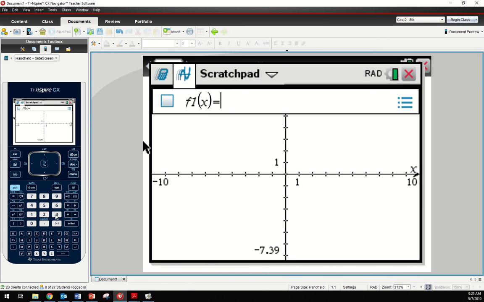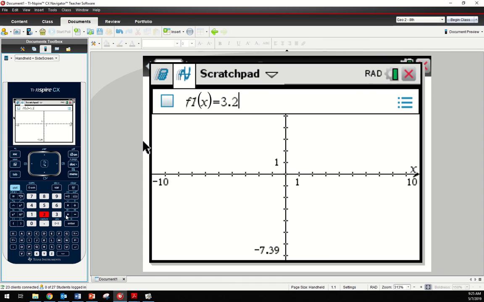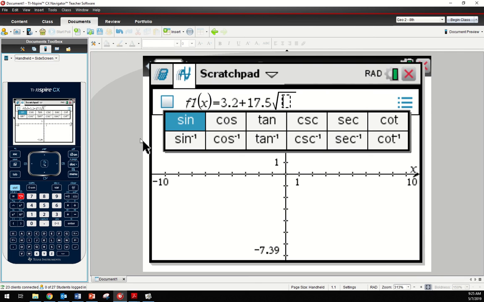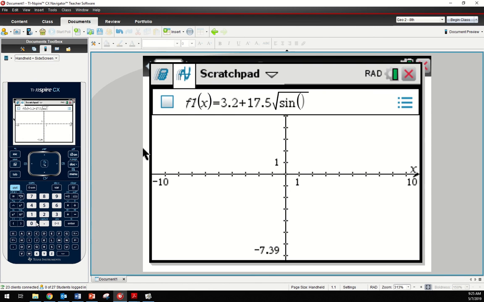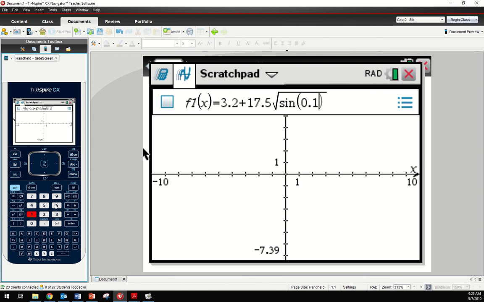It's 3.2 plus 17.5 times the square root of sine of 0.16x. Is that everything? Yes. Okay, hit enter. If you notice, my graph is already in radian.